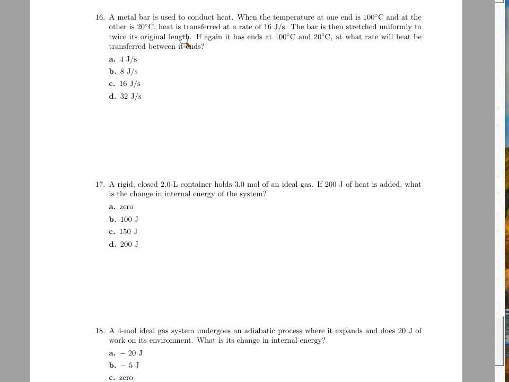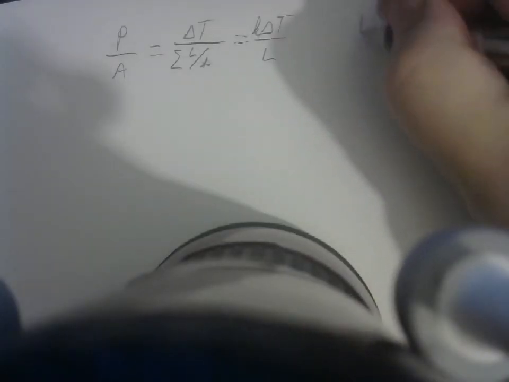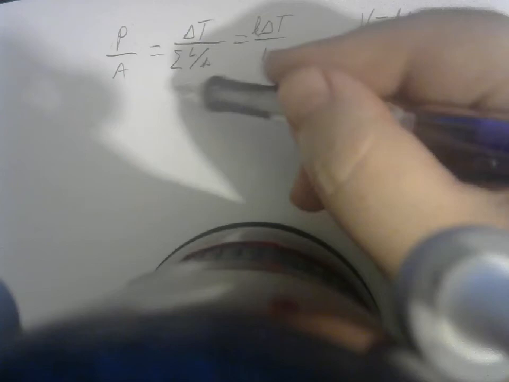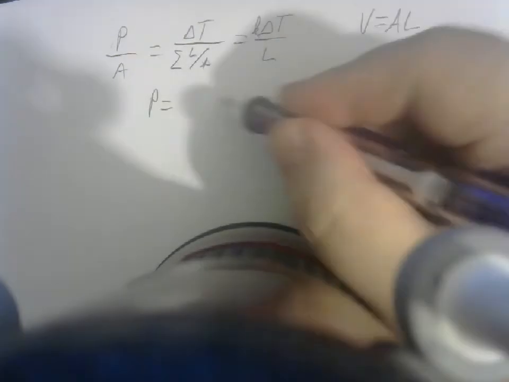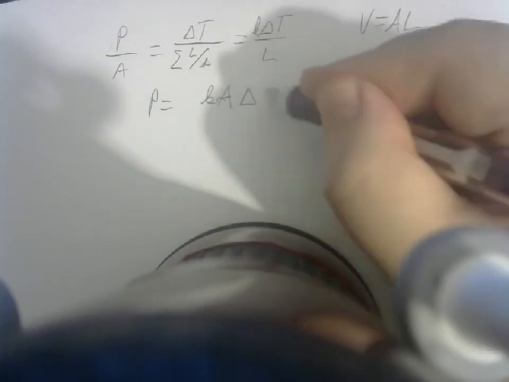Does the bar keep the same volume? If it does, then we can say this: volume equals area times L. And secondly, A is a function of volume, A equals V over L. And then we can state this: power equals, I'm going to multiply by A, equals K A delta T over L. And then I will replace A with this function of volume and length.